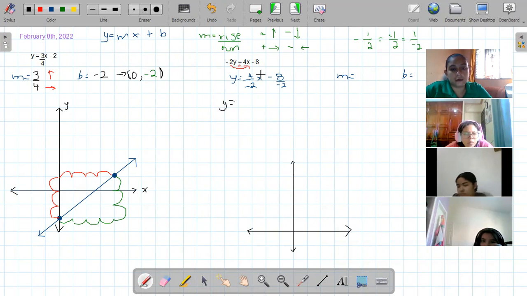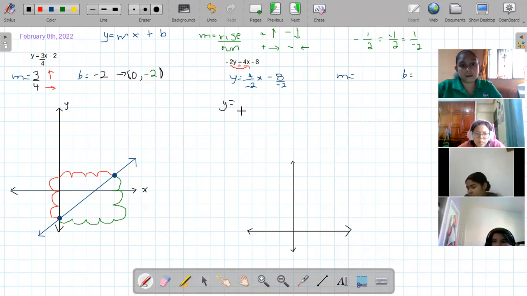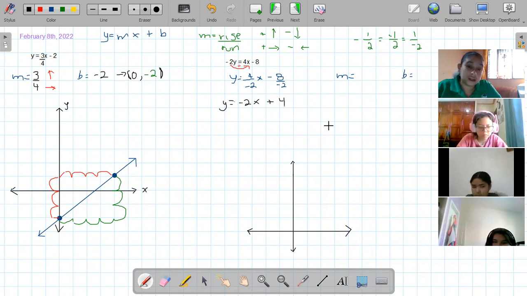So y is equal to 4 divided by -2, -2, very good, -2 x. Now you can see I got minus and a negative. So negative times negative, positive. 8 divided by 2, 4, positive 4. And now we have the slope-intercept form equation.